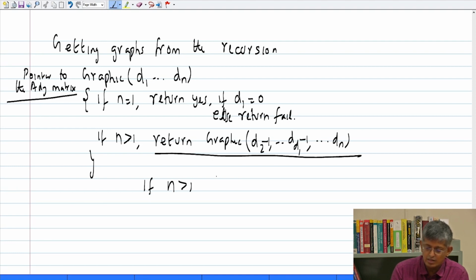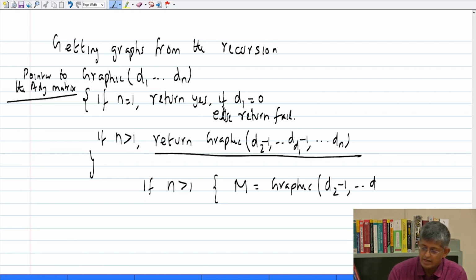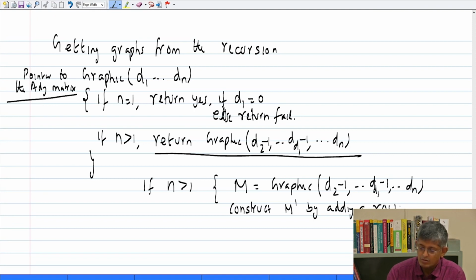If n greater than 1, let G, sorry, M be the adjacency matrix of the graph on degrees d2 minus 1 to d1 minus 1, comma dn, right? Then construct M prime by adding a row and a column.